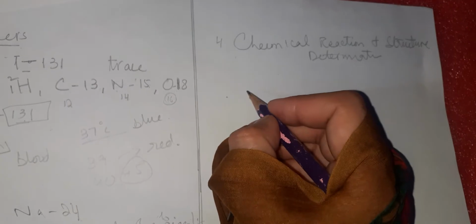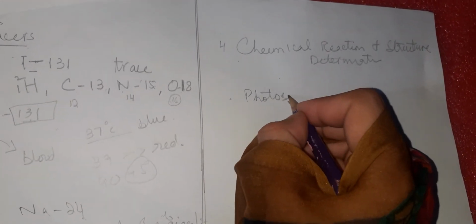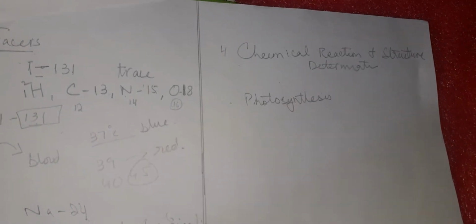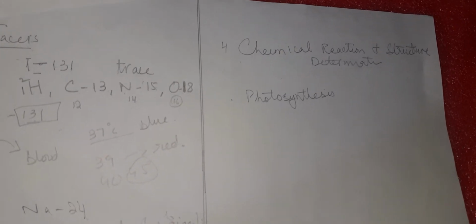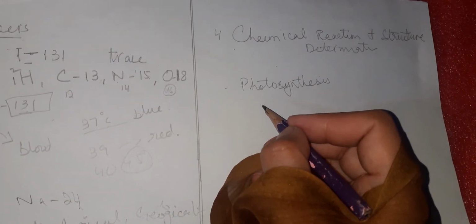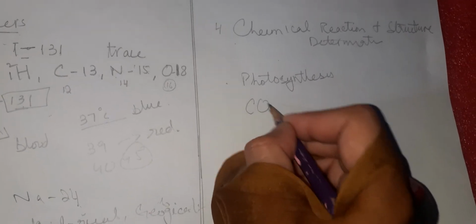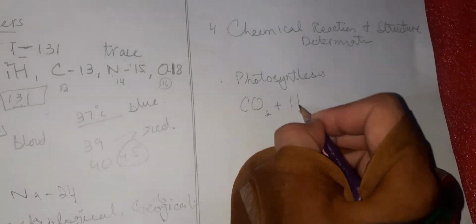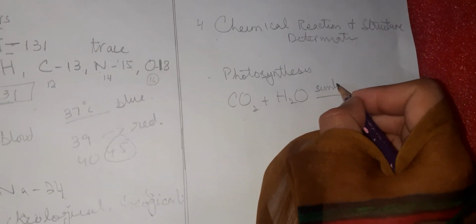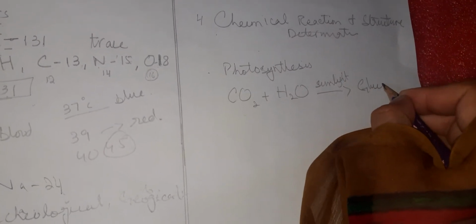We know photosynthesis, a very well-known process. What is photosynthesis? Photosynthesis is the preparation of food by a plant with the help of sunlight. Scientists say that in this process carbon dioxide and water are changed in the sunlight into glucose, right?